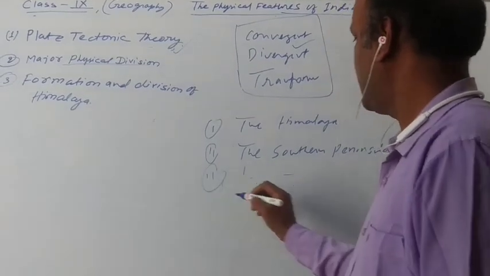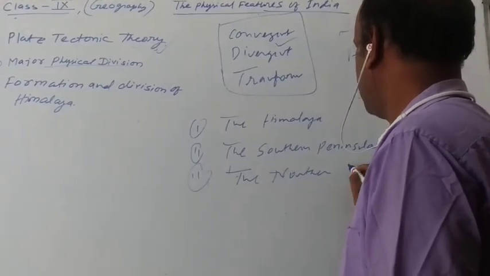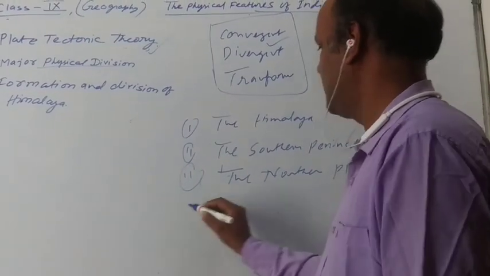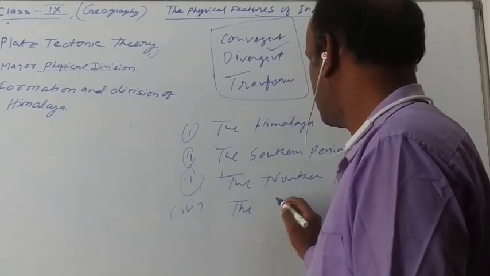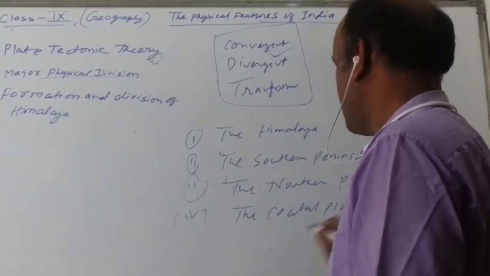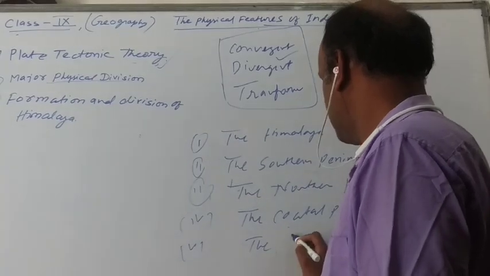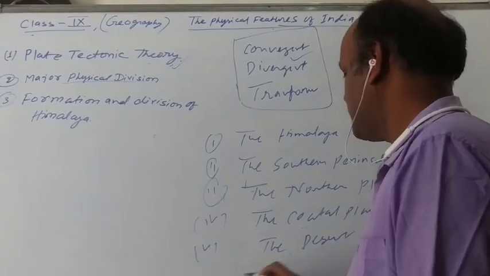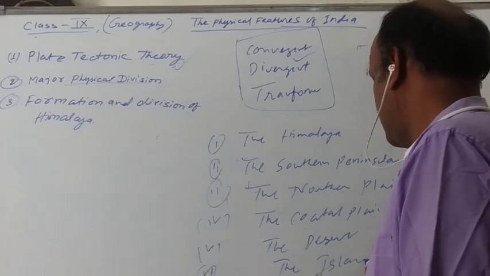Third one is the northern plains, which are very fertile. And the fourth one, the coastal plains, and then the desert, and finally we have the islands.